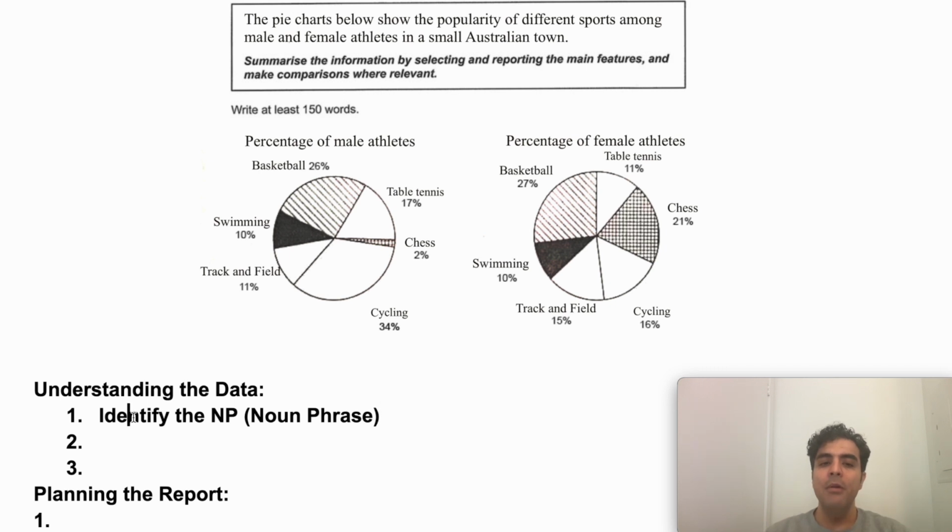And if you remember from the first lesson in this series, the question has a written component and then the visual component. In the written component, we have two parts. We have the description and the instructions. The description is the part that we're interested in right now. And the description, if you recall, follows the structure of subject, verb, NP.